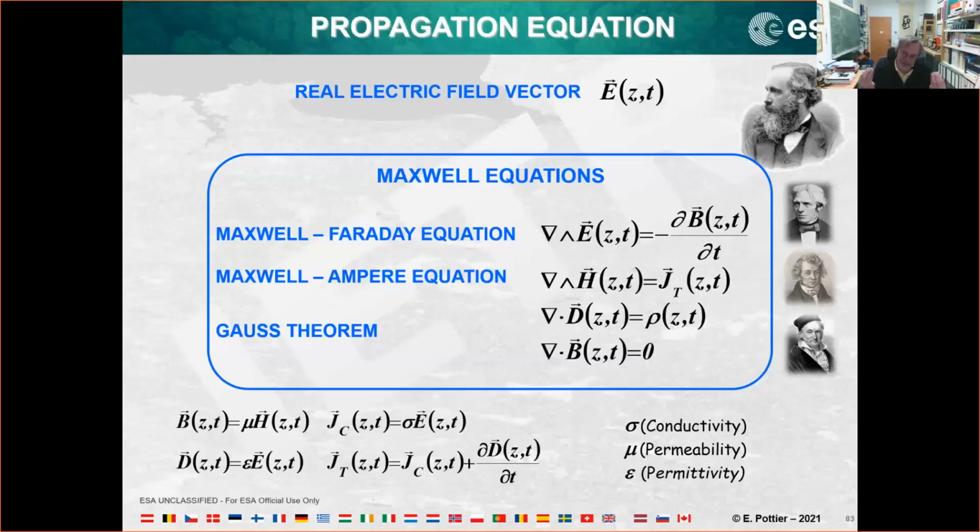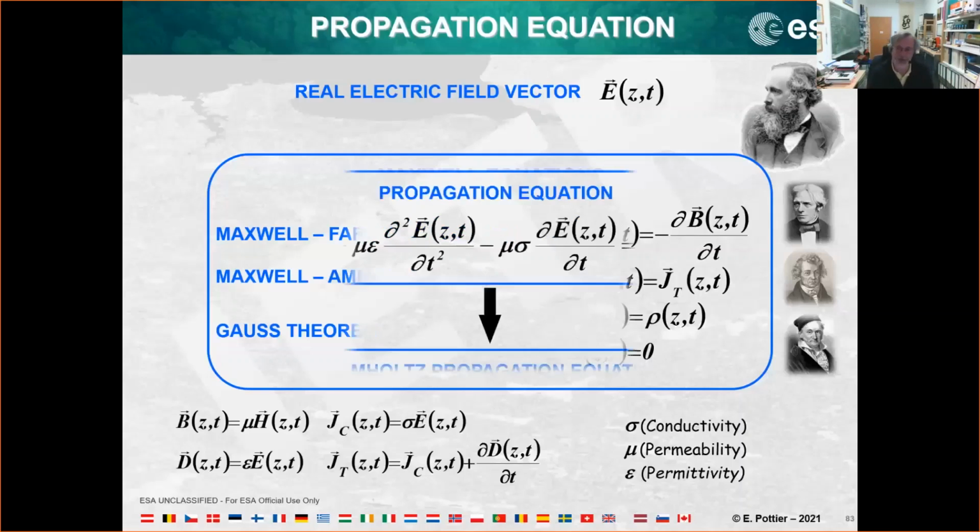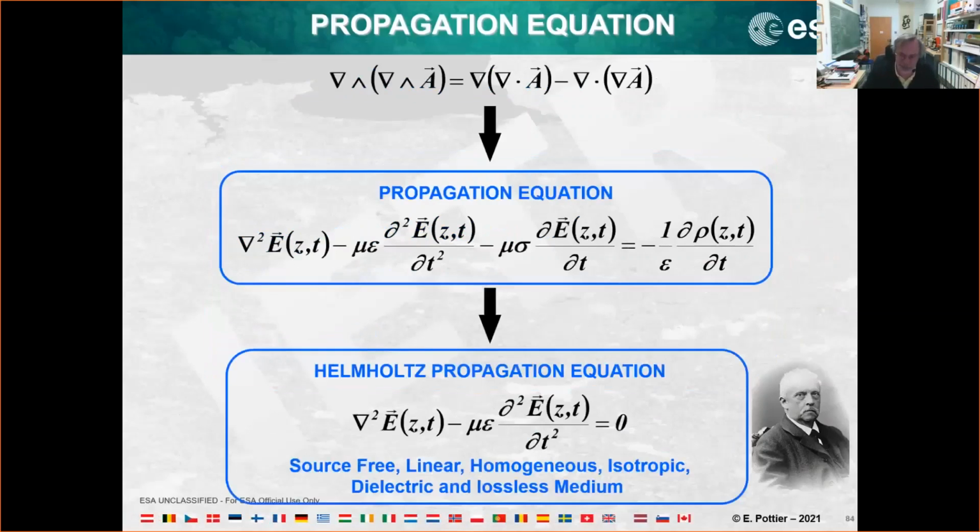So the idea with these equations is to be able to derive the equation which gives you the information on how an electromagnetic wave propagates at the output of the antenna, how the wave is going to propagate from the radar to the environment. If I play with all these equations, I get this propagation equation, which is in the middle here of the slide.